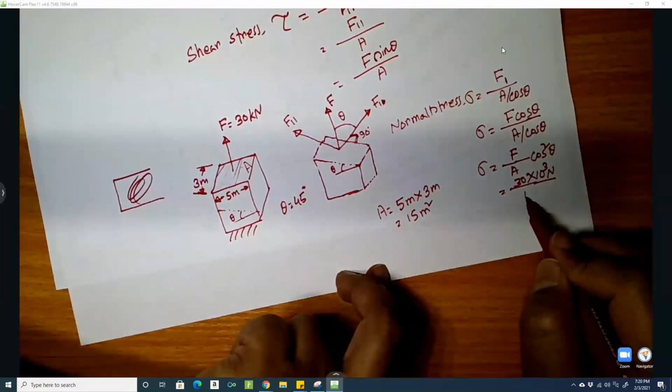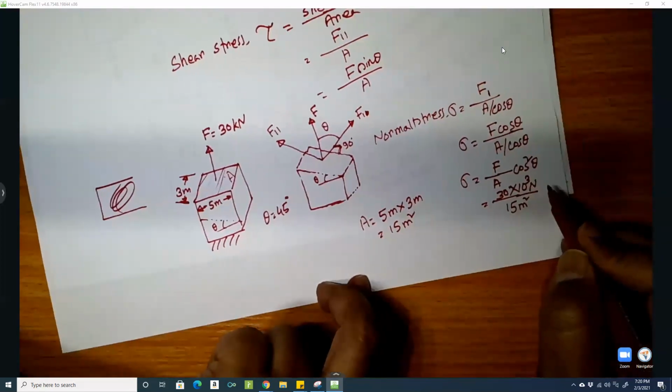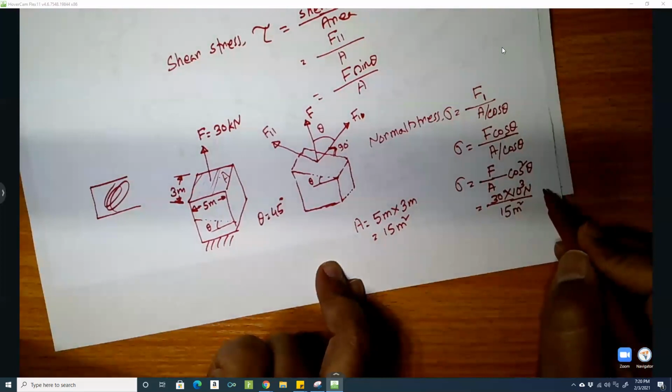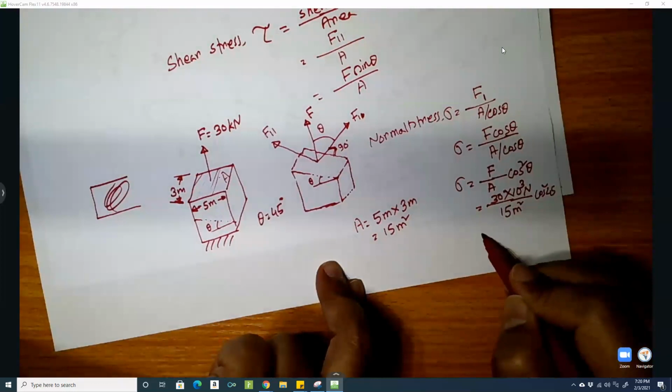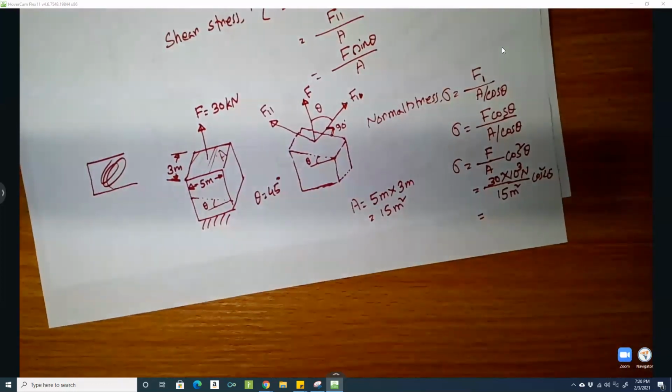So A is 15 meter square, and cosine square 45. Okay, so now let me calculate this.